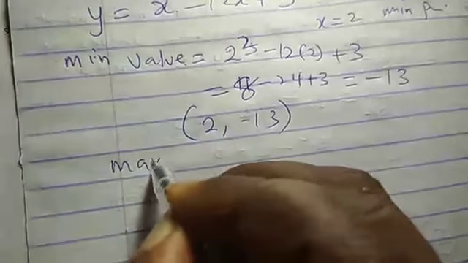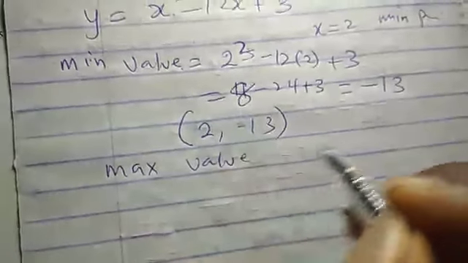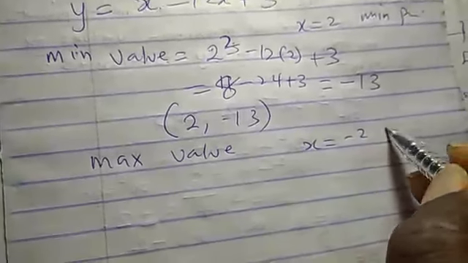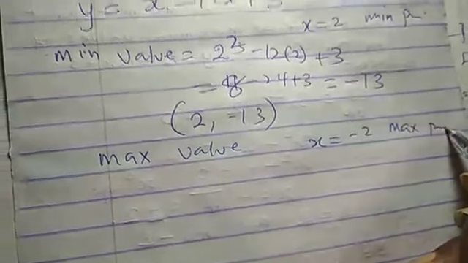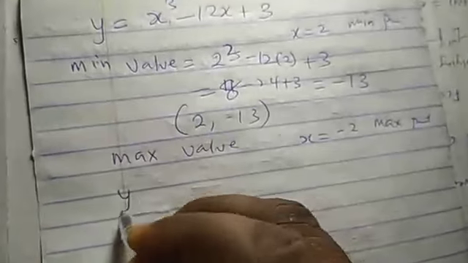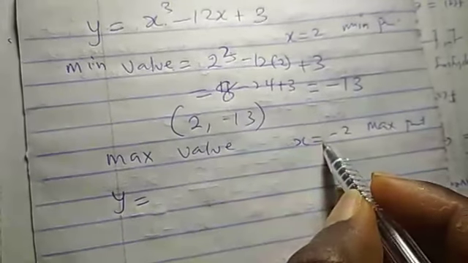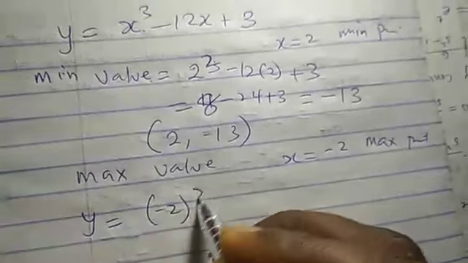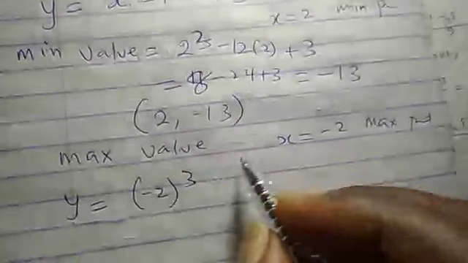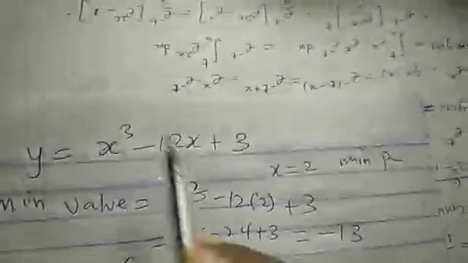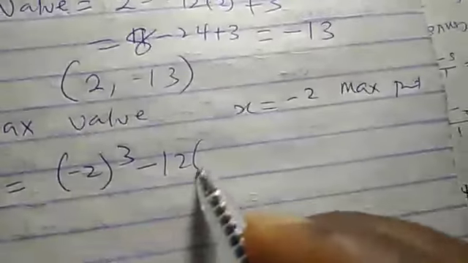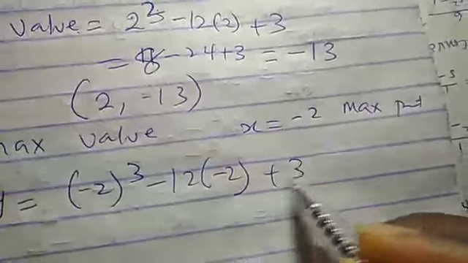So the next thing is maximum value. We know that s is equal to minus 2 is what? Maximum point. So I only need to substitute. Whenever I see s, I'll put minus 2 here, so that we have minus 2 cubed, minus 12 into minus 2, plus 3.